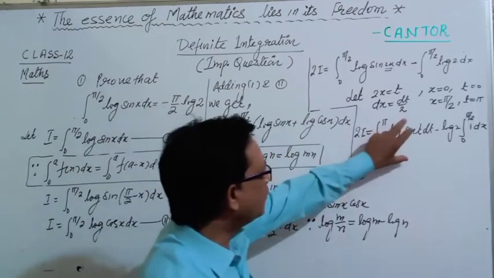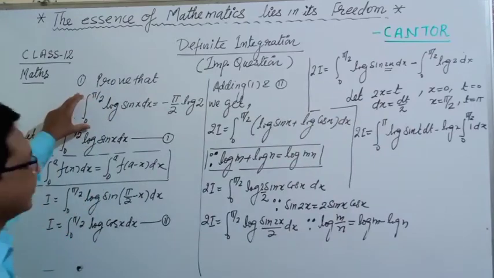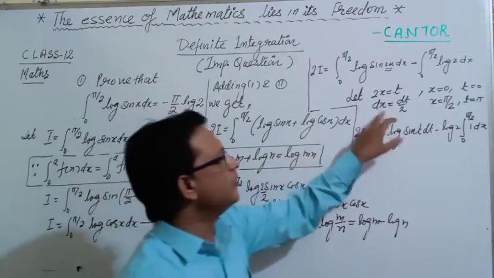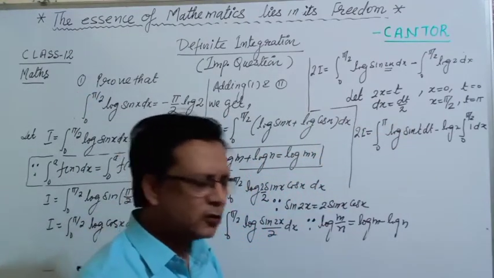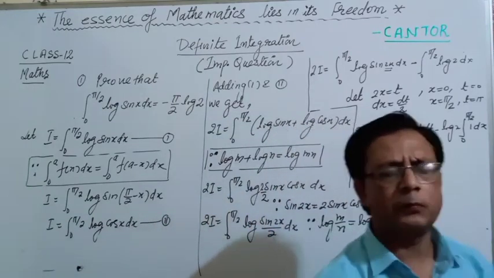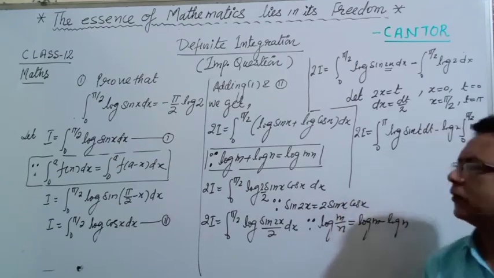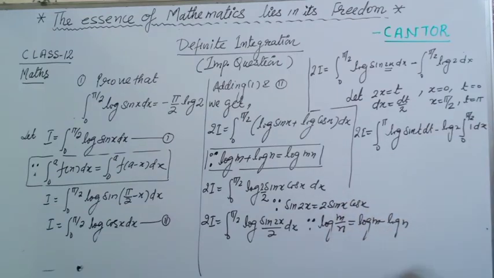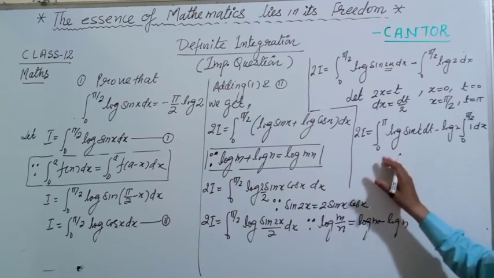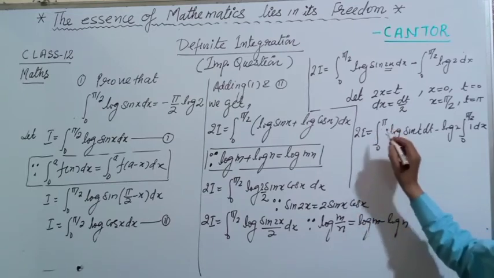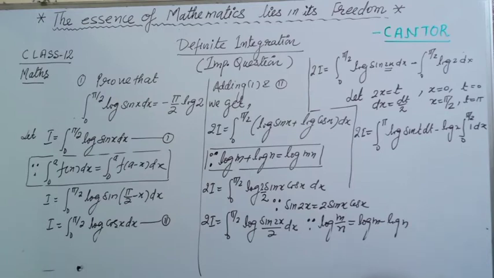Now we see that this integral and this integral are the same, but the limit has changed and the function has also changed. Change of function has no problem according to the property. First, if the limit is the same, then there is no effect of the variable, whether it is in the form of theta, x or t. So here we use the 0 to 2a property.